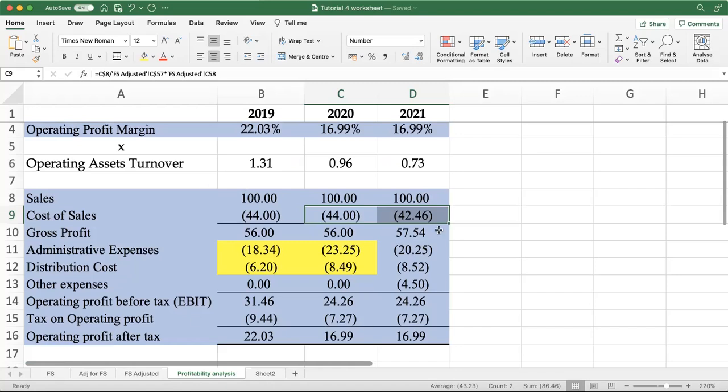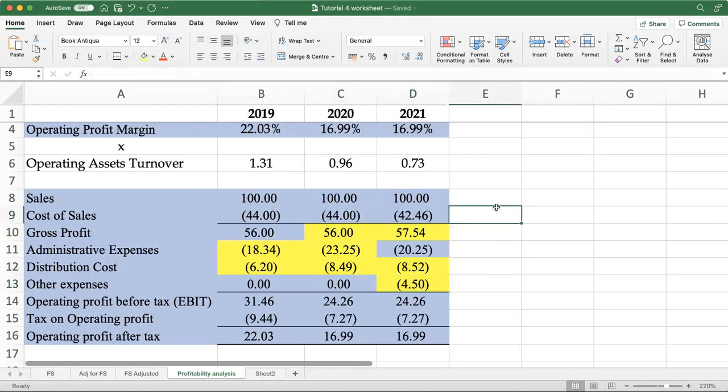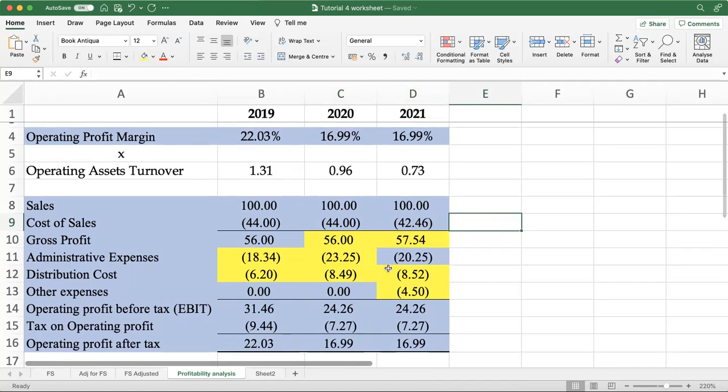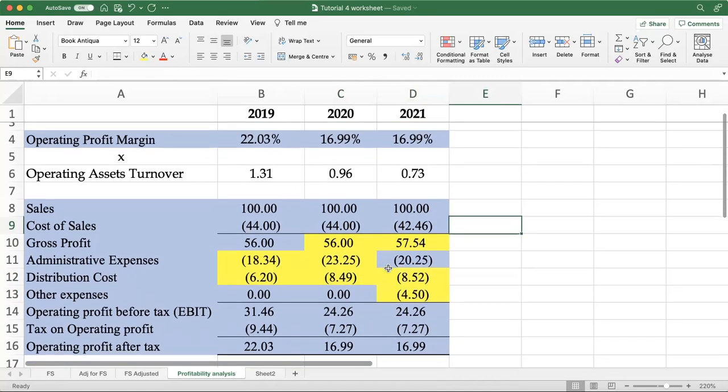So with this common size analysis, you can find it out. So the major reasons I have highlighted here, in yellow. So this is about operating profit margin.